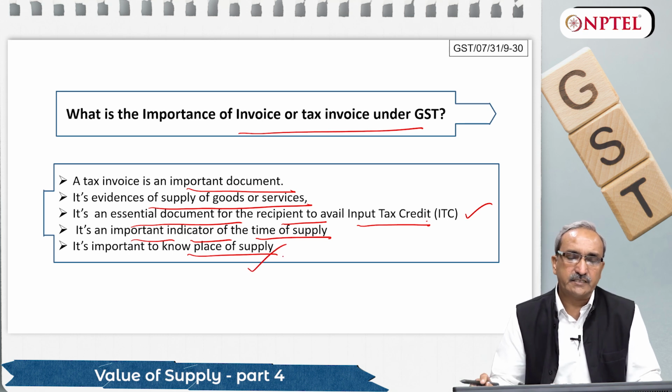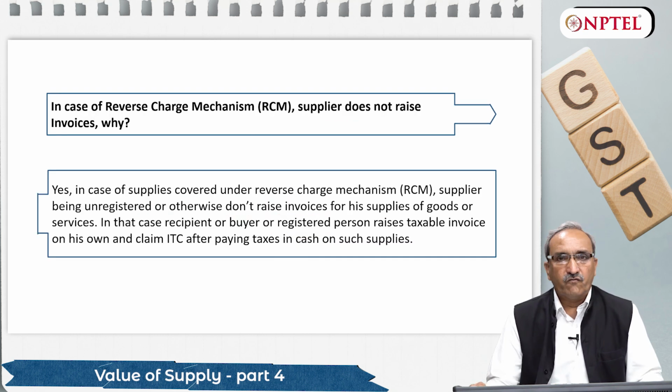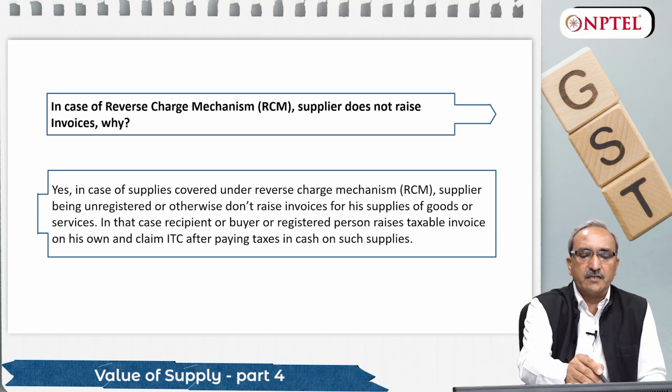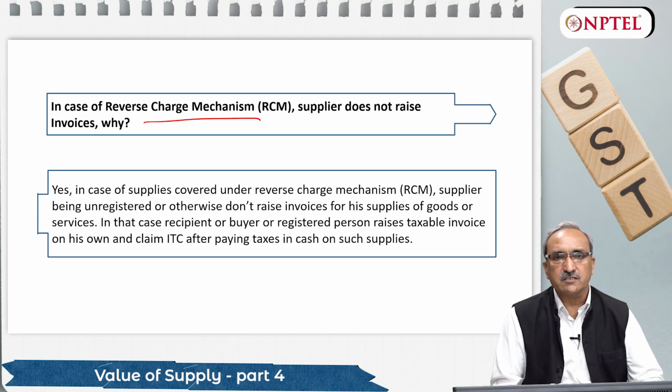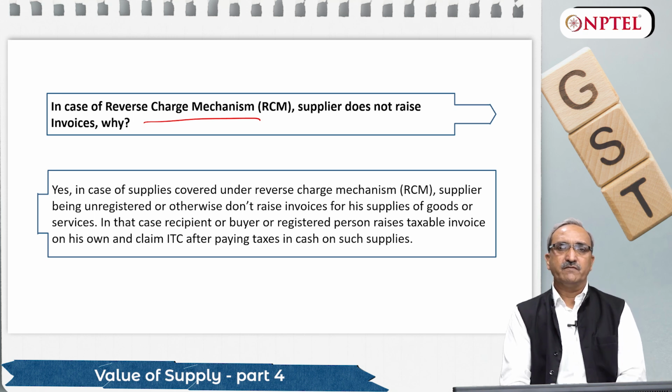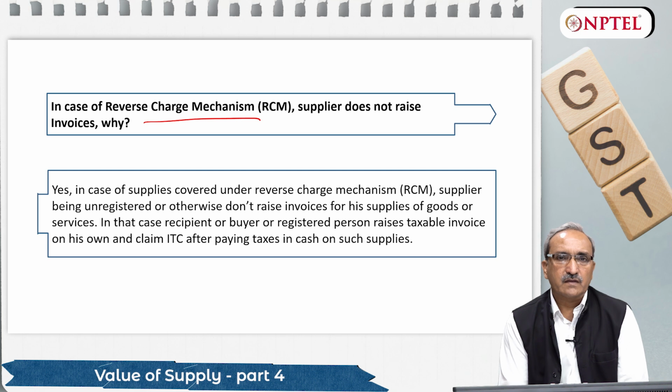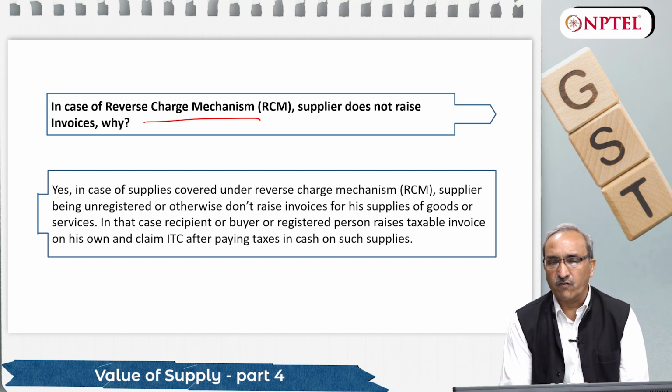Friends, in case of reverse charge mechanism, whatever we have discussed about raising invoices, maybe a taxable invoice or maybe a bill of supply, is in case of forward charge.